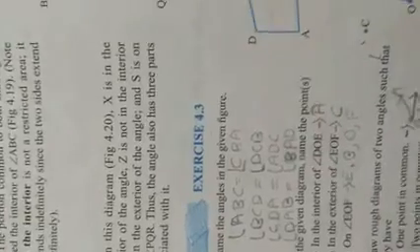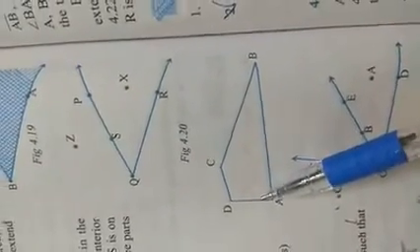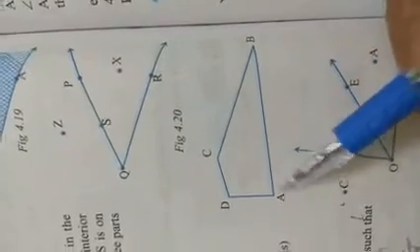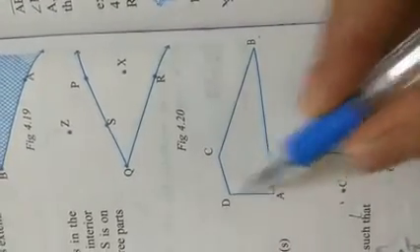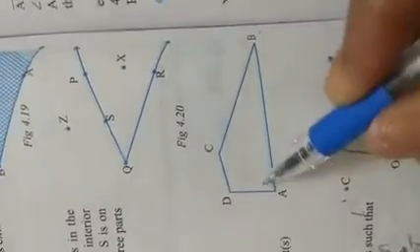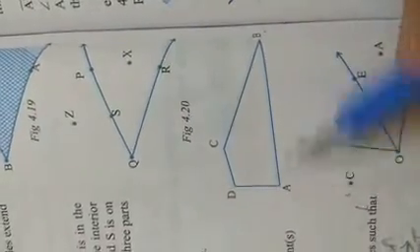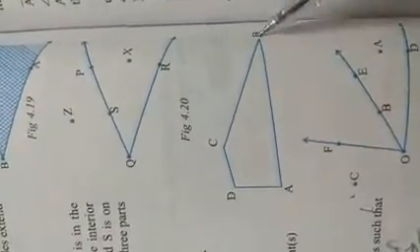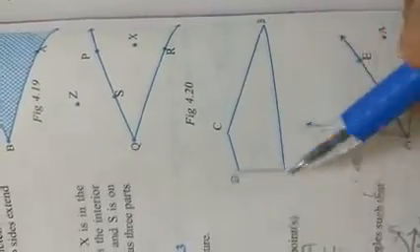Let's come to solve exercise 4.3 based on the angles. Name the angles in the given figure here. First question, what are the angles you have to name? In this ABCD figure, you can write angle DAB, angle ABC, angle BCA, and so also angle CDA.